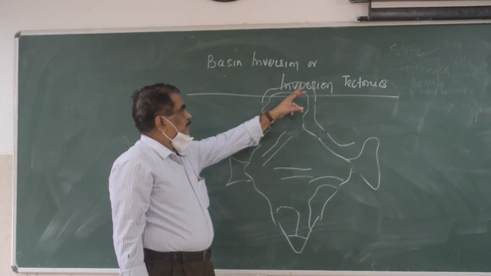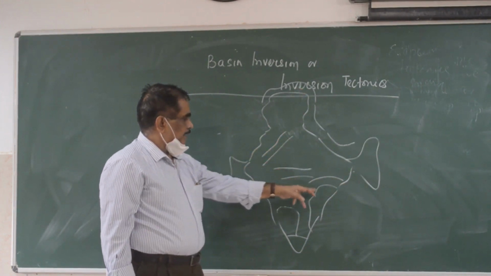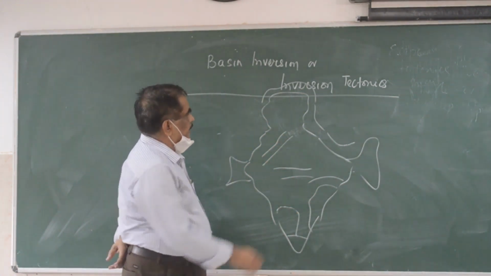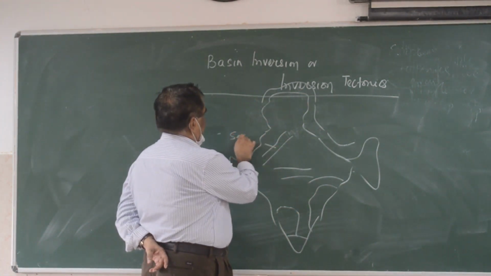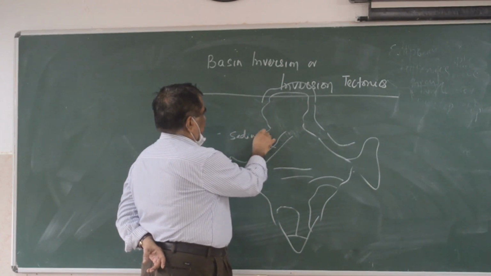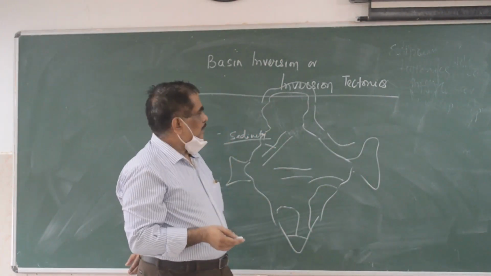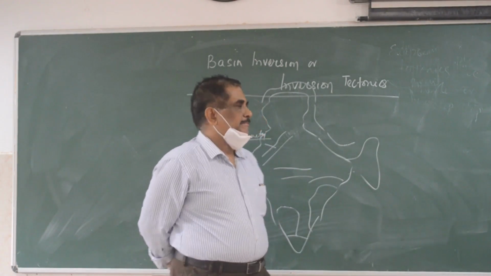Now all these areas, Himalayan mobile belt or all these areas, are dominated by sedimentary rocks, particularly carbonate, illite and quartzite.